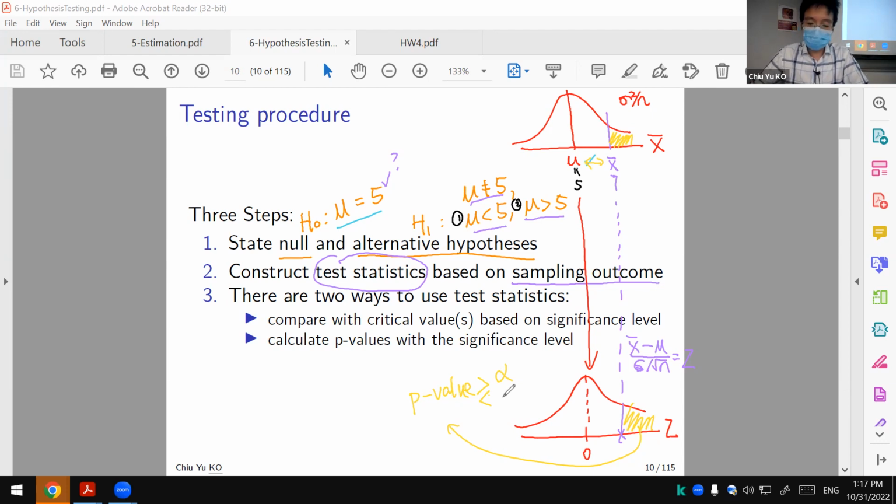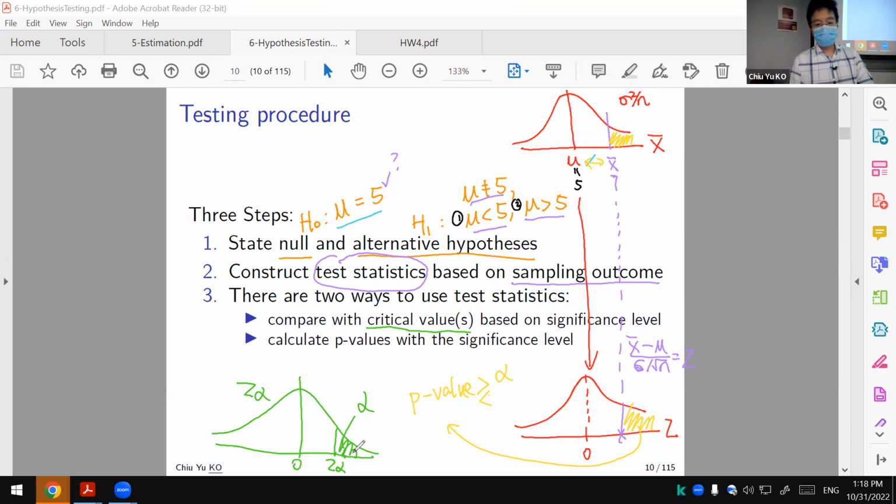The other way is to look at what we call the critical value. The critical value is a very similar idea. It's asking the following: we have 0 here, we have alpha here, and this is z alpha.